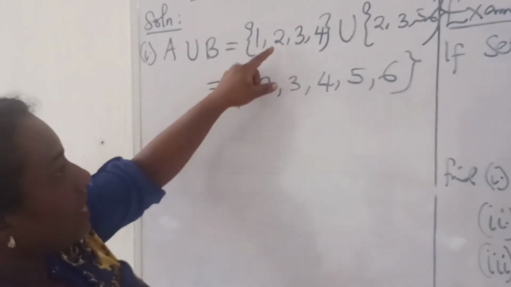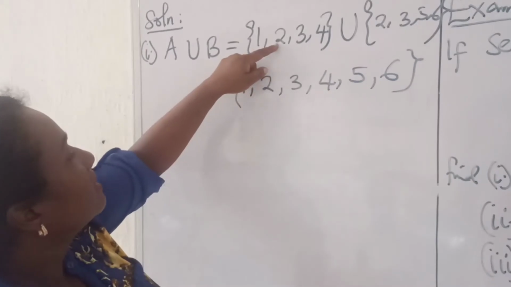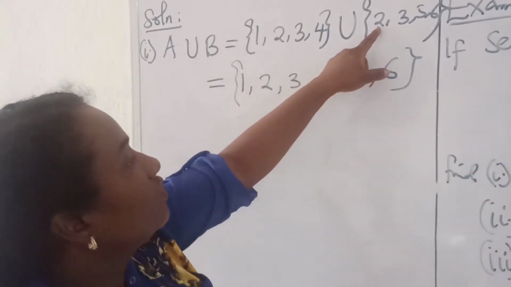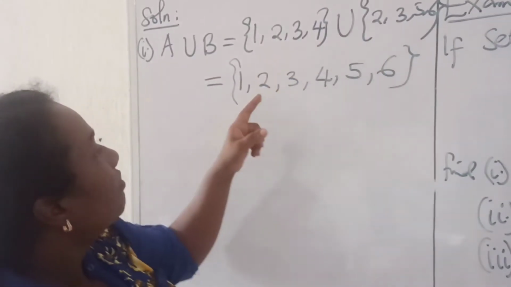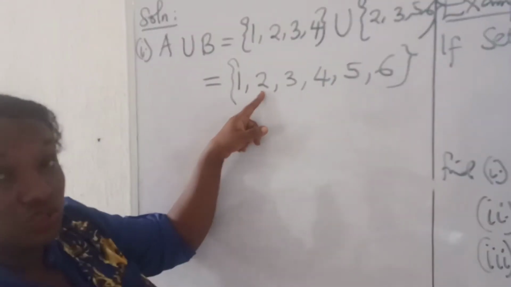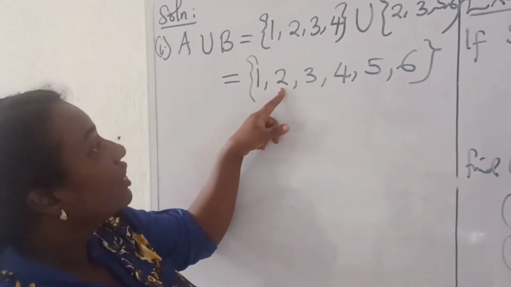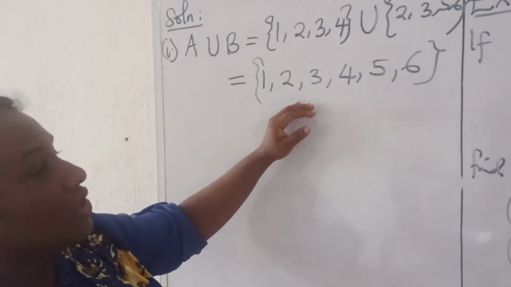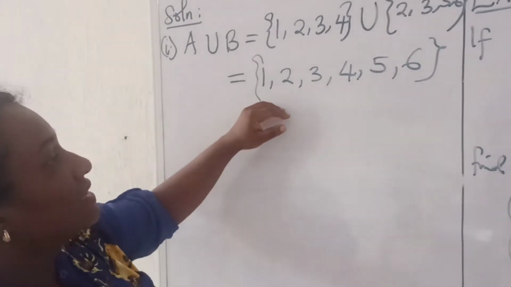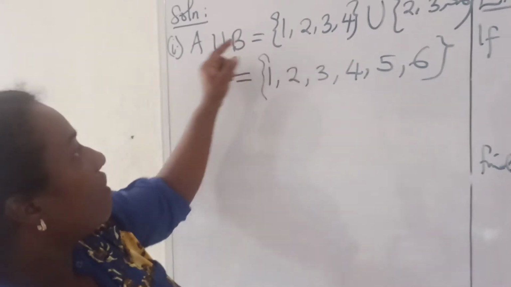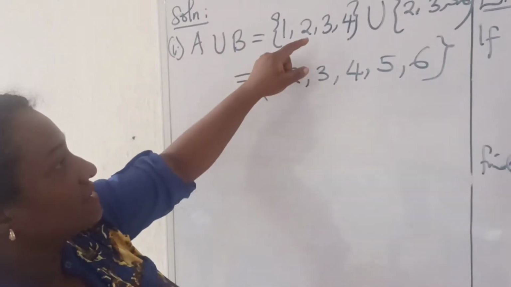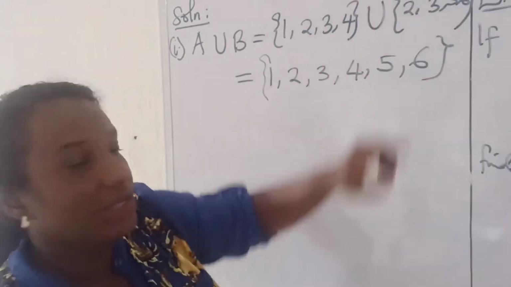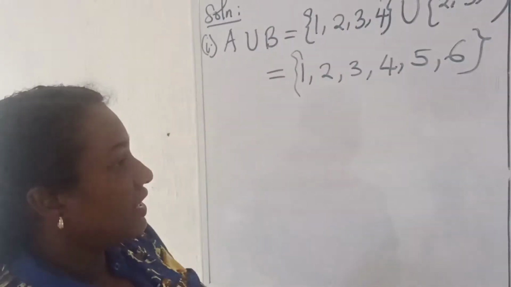For example, we have 2 in set A, we also have 2 in set B, but 2 has been written just once in the union of A and B. So here is A union B, the set that contains all the elements that can be found in set A and set B. That is the union of A and B.